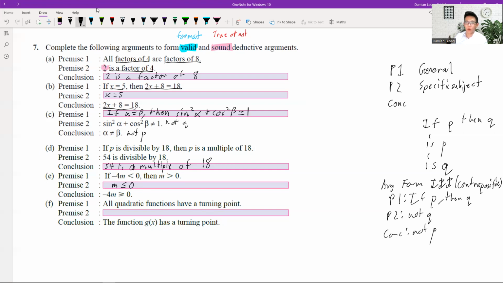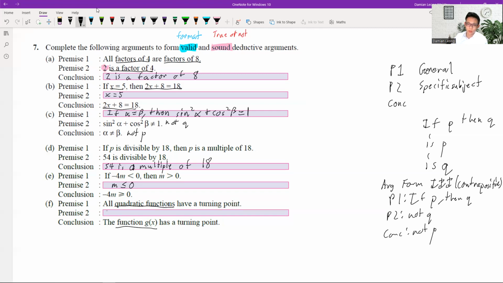Part F, all quadratic functions have a turning point. The conclusion is function g(x) has a turning point. So I'm talking about function g(x). Having a turning point is the conclusion, which means quadratic function would be premise 2.